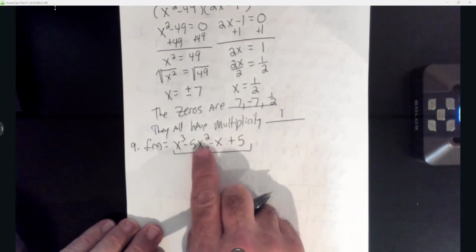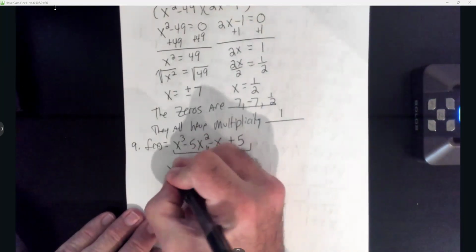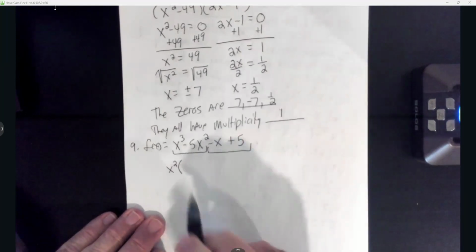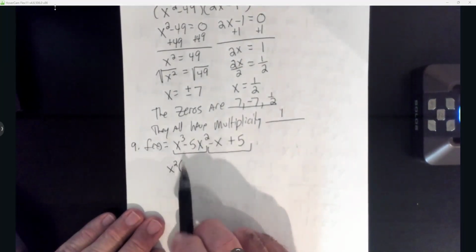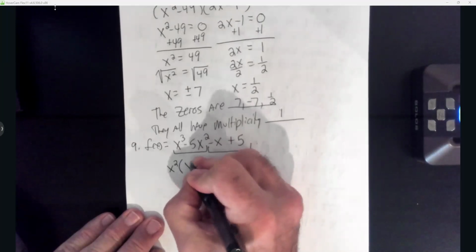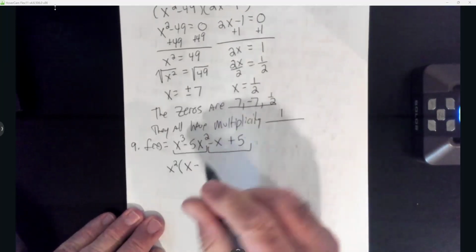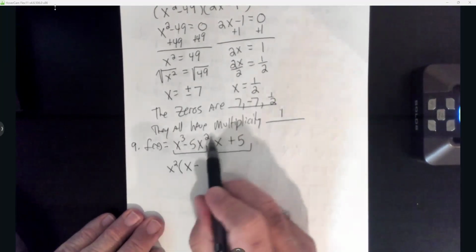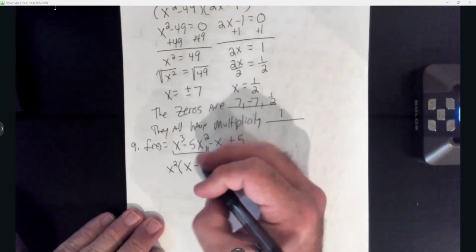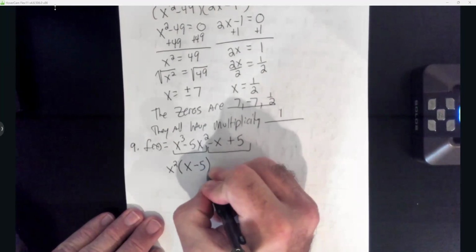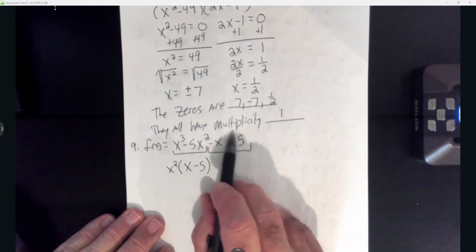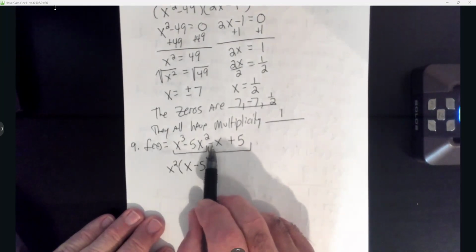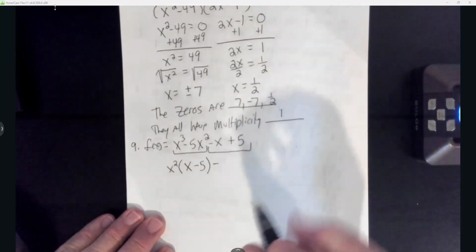The greatest common factor for those would be the x squared. Now, x cubed divided by x squared, 3 minus 2 left me an exponent of 1. So that'll be just the x minus the 5x squared divided by x squared. The x squareds basically cancel, leaving the -5. Now remember, when I'm doing the second GCF, it has the same sign as this third term. So the second GCF is going to be negative.